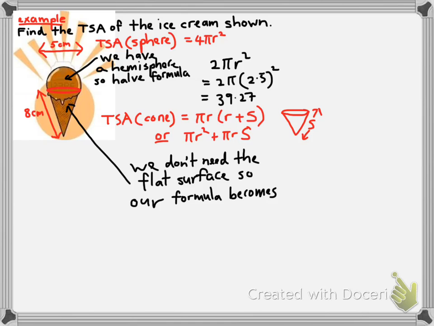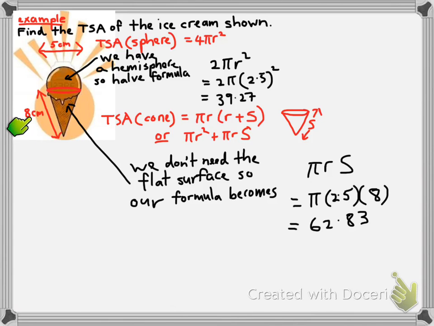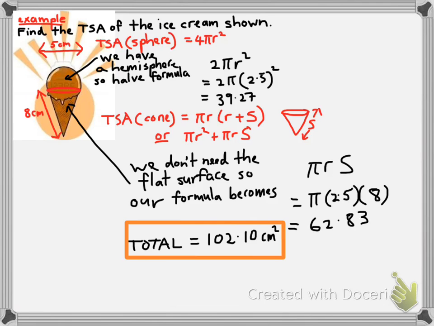So that means our formula just becomes pi rs. So we drop the pi r squared part here. So calculating that curved surface, we replace the radius with 2.5, and the sloping edge length of the cone was 8 centimetres, as shown over here in the diagram. So that gives us a total of 102.1 centimetres squared.